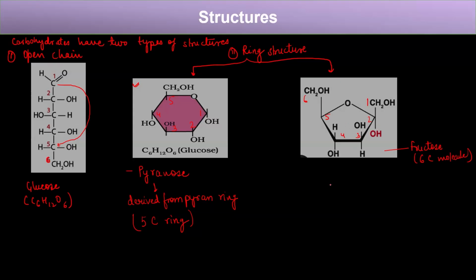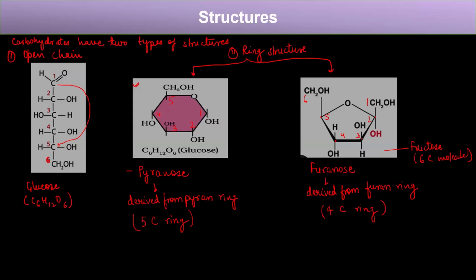So this structure is known as furanose, and it is derived from the furan ring. The ring contains only 4 carbons, 1, 2, 3, and 4. So it is a 4 carbon ring. So the ring structures are of 2 types based on the type of ring it consists of. So this is about the structure.